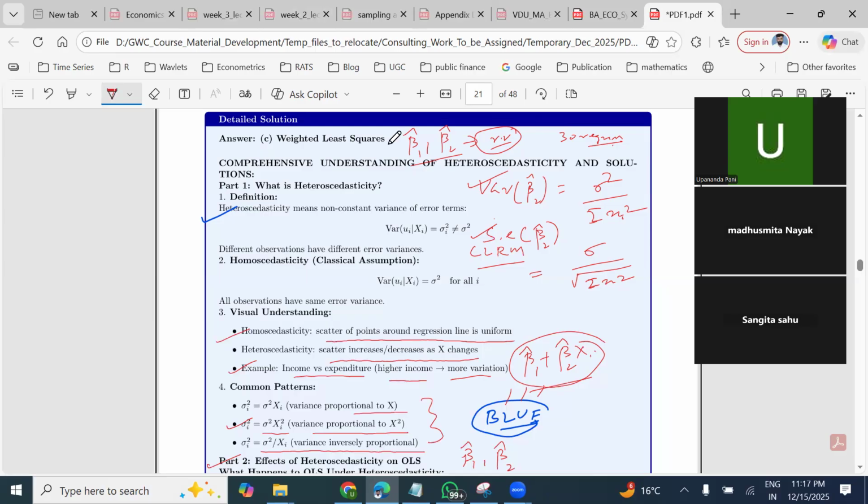So we need some measure of reliability or precision of the estimators. Please remember these words, reliability or precision.